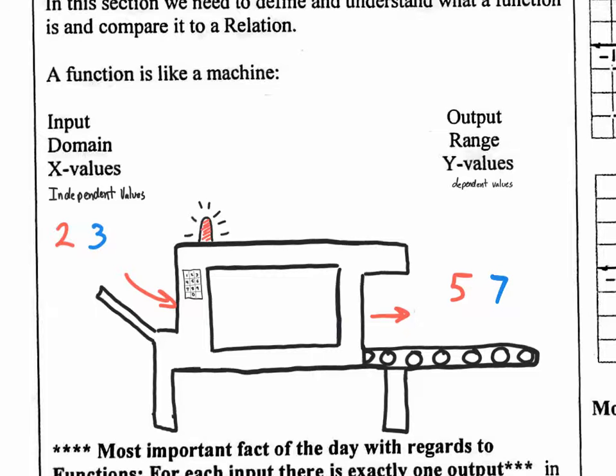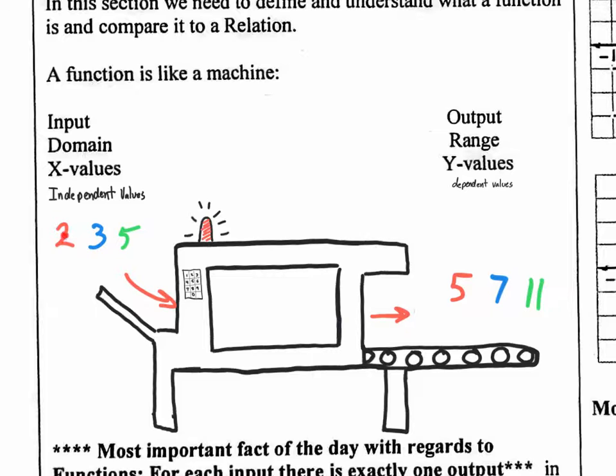Interesting. Or how about we take the number 5, and let's plug in this green number 5, and as it goes through here, it comes out, can anybody guess? It comes out 11. And you're thinking, what the heck? How's he getting these numbers?